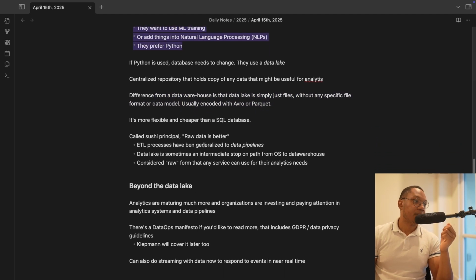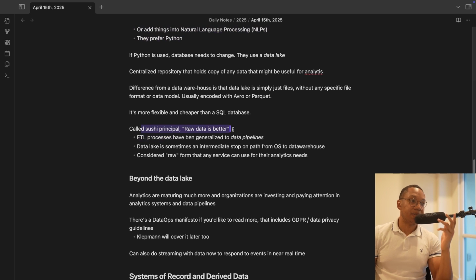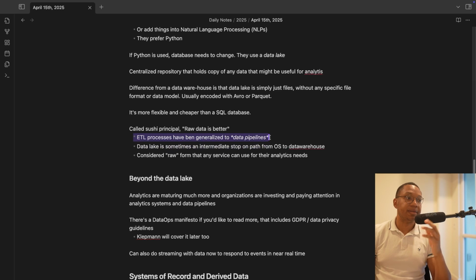This is part of the sushi principle. I haven't really heard about this, but raw data is better, right? So we just give them the raw data. I don't know a whole lot about ETL processes, but this is part of the pipeline. You have a raw data central repository, and then you ship it out depending on what they want.